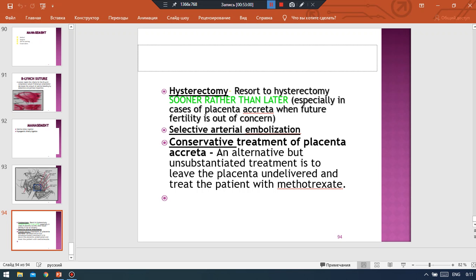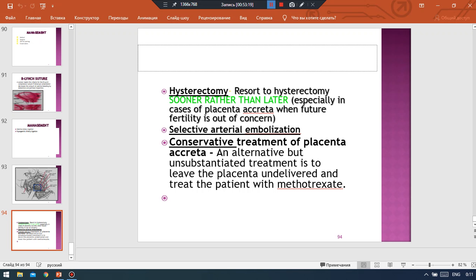Practice active management of the third stage of labor. It is prophylactic oxytocin versus no uterotonic. Oxytocin reduces the risk of postpartum hemorrhage by about 60% and the need for therapeutic oxytocin by about 50%.